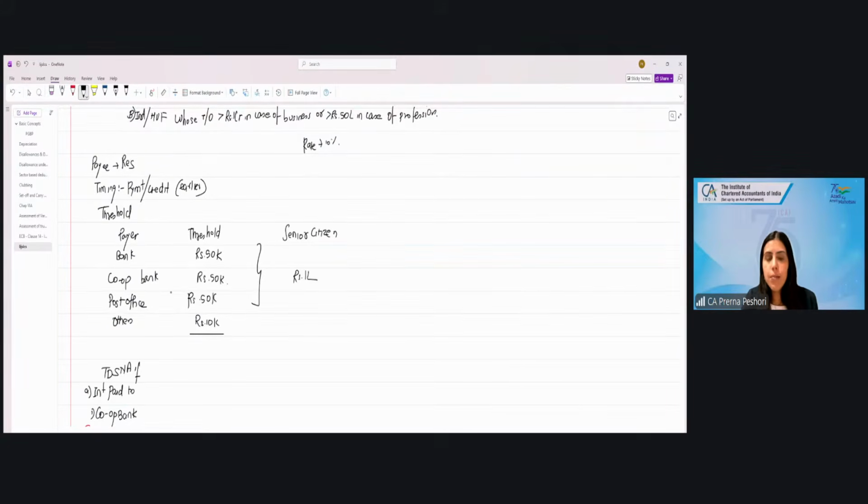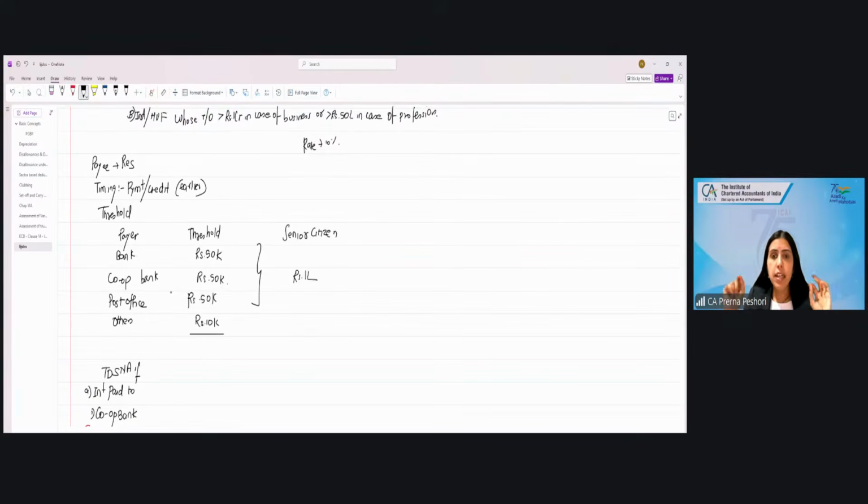So the CBDT had given a circular regarding the deduction of tax at source in respect of payment of interest on the FDs by the banks. So whether it has to be considered qua each branch or it has to be deducted at the bank level.